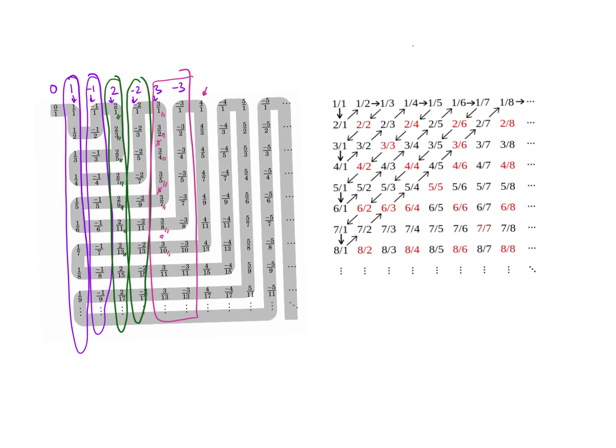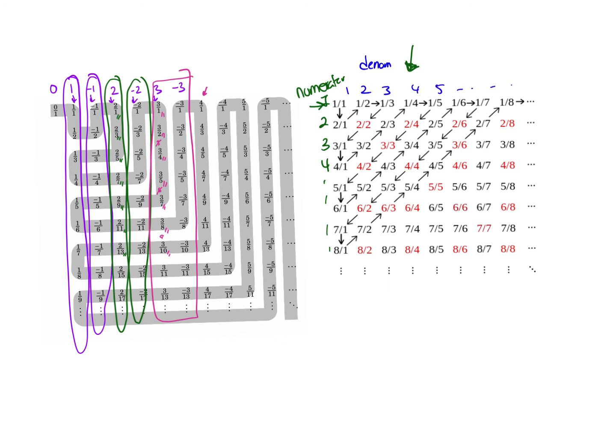The other picture we have here is more what we were describing, where we have the numerators. So here they actually put the numerators going down the row. So that's 1, 2, 3, 4 as my numerators. And then across the columns were the denominators. 1, 2, 3, 4, 5, and so forth.